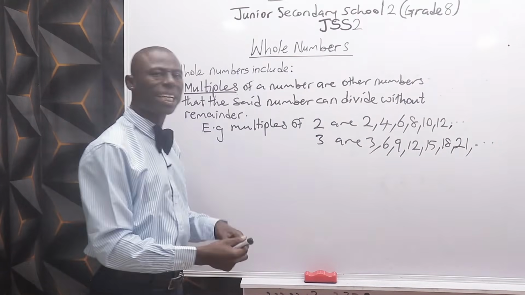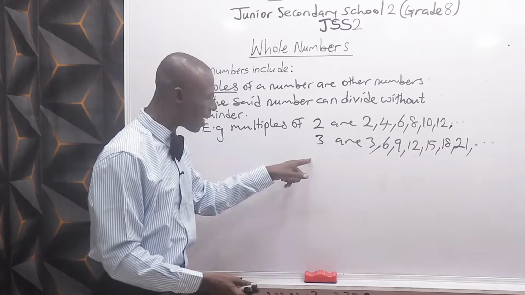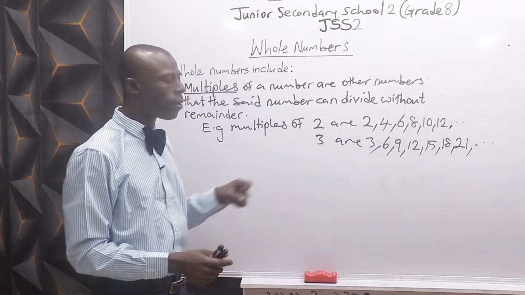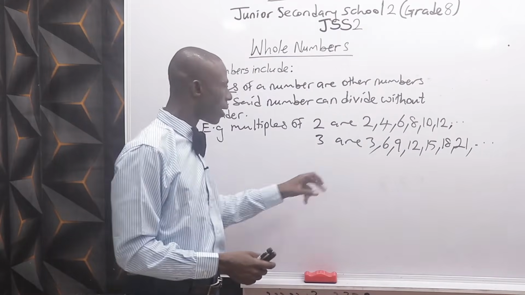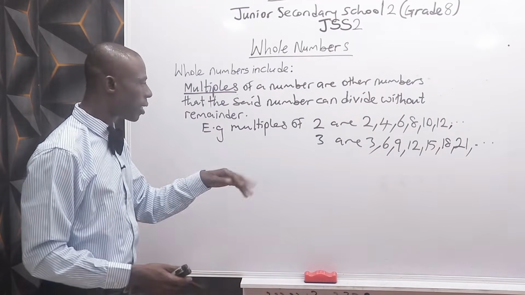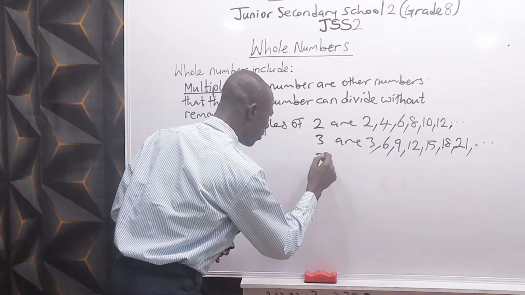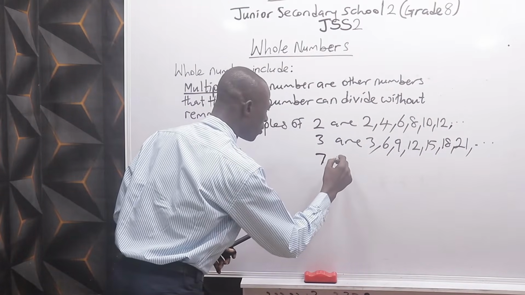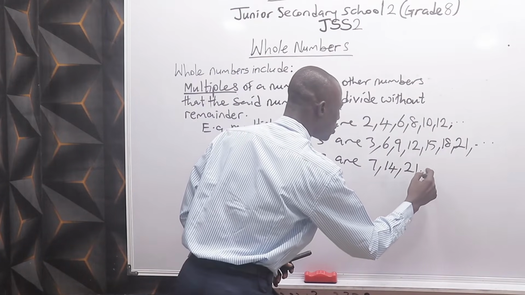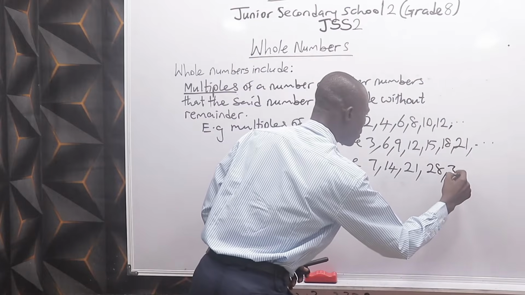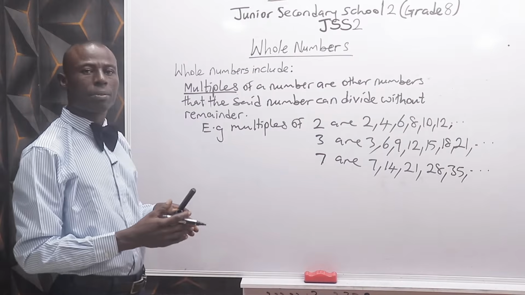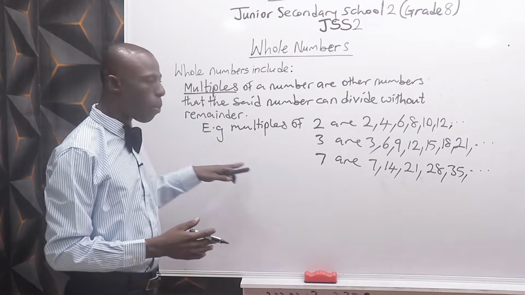Multiples of 3 are the numbers that 3 can divide without remainder. So 3 can divide 3. 3 can divide 6. 3 can divide 9. 3 can divide 12, 15, 18, and so forth. Let me take 7. Multiples of 7 are 7, 14, 21, 28, 35, and so forth. So this is the idea behind the concept of multiples.